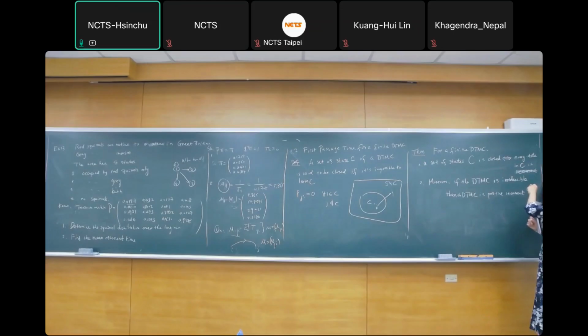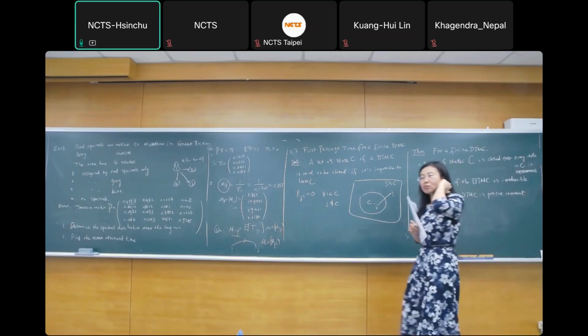Recurrent just means the time you come back is finite with probability 1, almost surely. But positive recurrent not only means that the probability you come back in finite time is 1, but also that the average time is finite. And this makes sense. Think about what a transient state intuitively means.